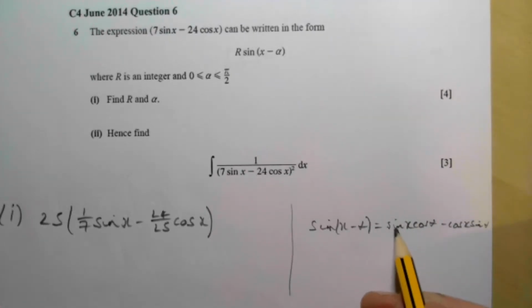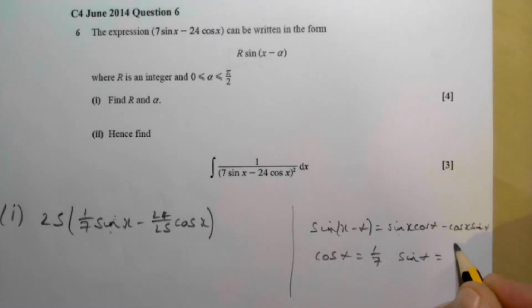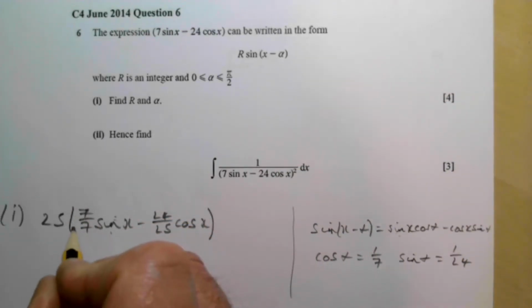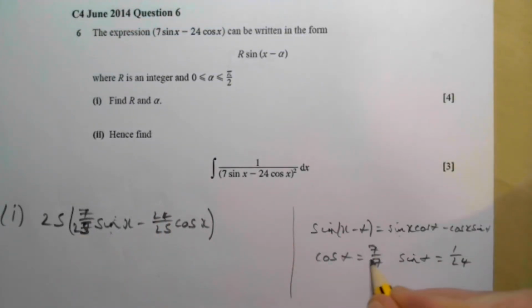It's terrible writing, apologies there, but if you compare that, there's a sine x, there's my sine x, that means my cos alpha is 7 over 25, and that means my sine alpha is 24 over 25.